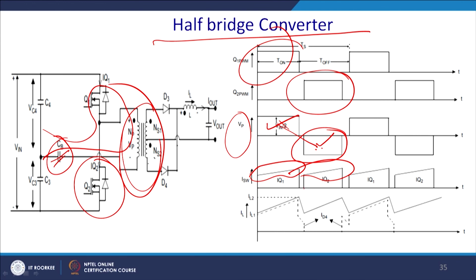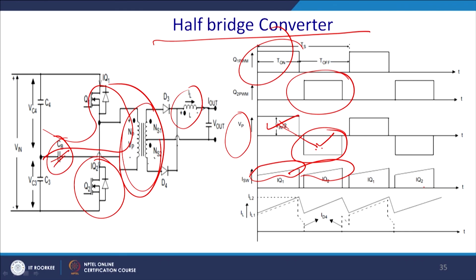You have the inductor currents, L1 and L2, and it will be a superposition of L1 and L2, which gives you this kind of ripple current. So this is the explanation of the half bridge converter.